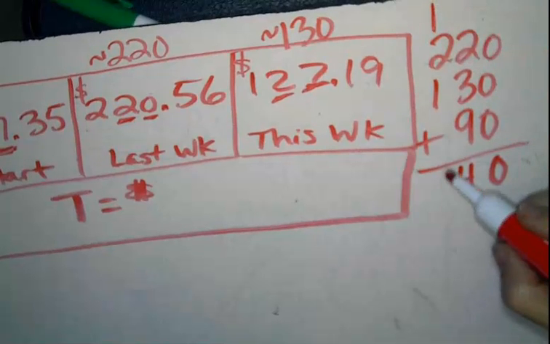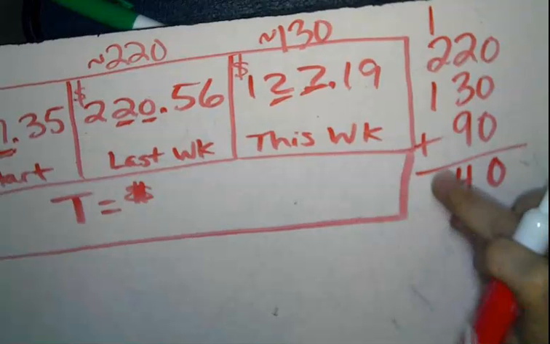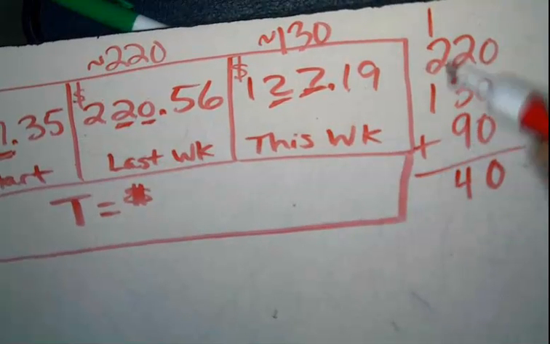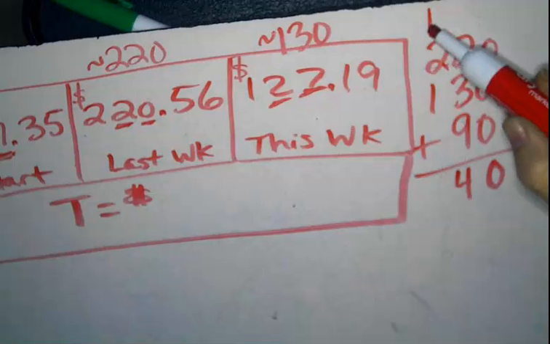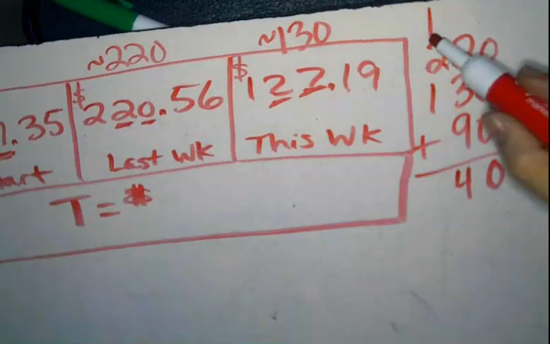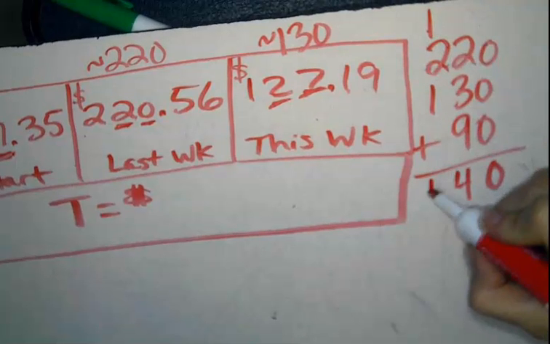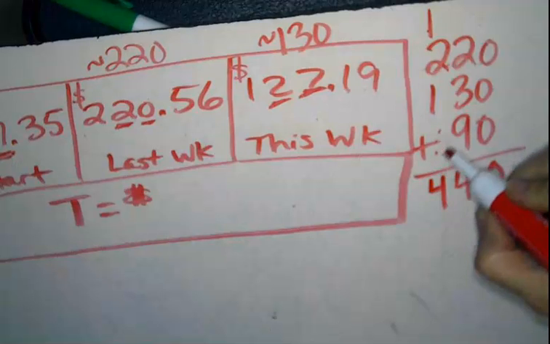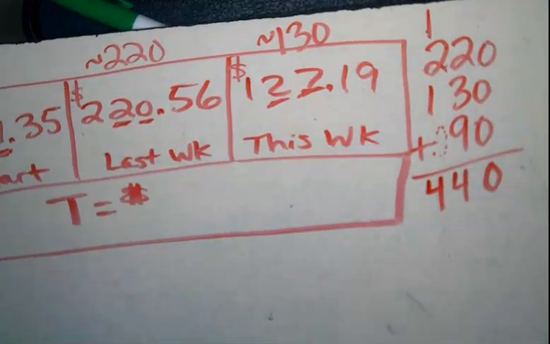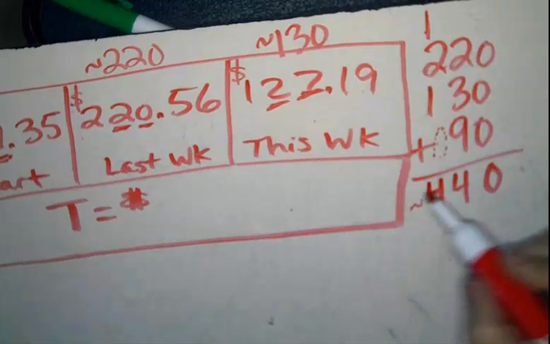I cannot put it down here or it's going to be in the way of the next column, the next place value. So I put my 4 ones here, I've carried my 10. 1 plus 2 is 3, and 3 plus 1 is 4. We have an imaginary 0 right here, don't we? All right. So my answer is going to be approximately $440.